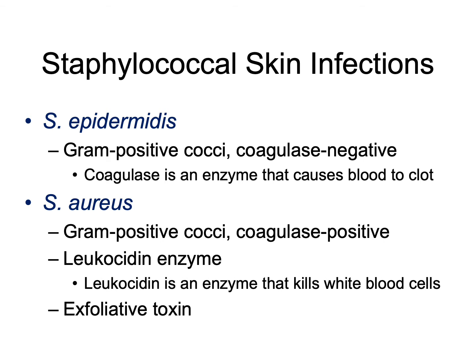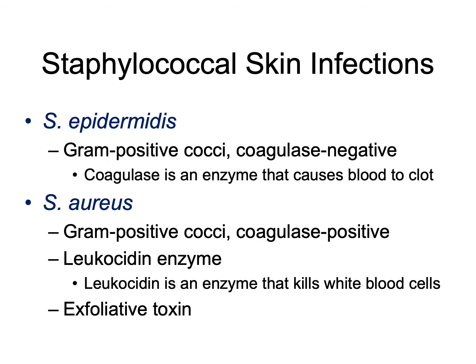There is more than one type of staphylococcal skin infection. So there's more than one type of staph that can cause a bacterial infection of the skin. The two that we're going to talk about are Staph epidermidis and Staph aureus. Staph epidermidis is a gram-positive cocci that's coagulase negative. Coagulase is an enzyme that causes your blood to clot.